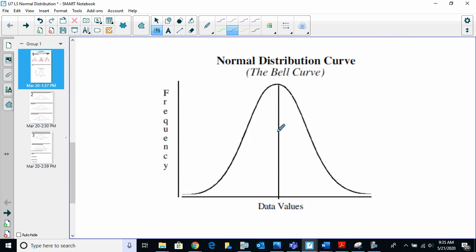What you see in the normal distribution is the relationship between the data value and the frequency. In the y-axis, you will have the frequency, and in the x-axis, you will have the data value. Now, the line that divides the bell curve into two equal parts is where the mean is.